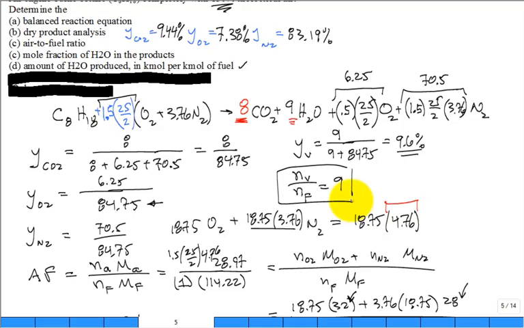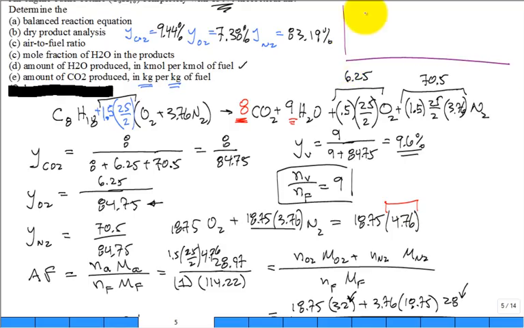All right, now the next question, though, is what is the amount of CO2 produced, but not in kilomoles. It's how much CO2 produced in kilograms per kilogram of fuel. What are they asking me to calculate there? I'm going to just tuck it up here because I don't want to scroll around. Isn't it the mass of CO2 divided by the mass of fuel in our standard combustion equation? Wouldn't that be our number of moles of fuel times the molar mass of the fuel? And then we have the number of moles of CO2 times the molar mass of the CO2.